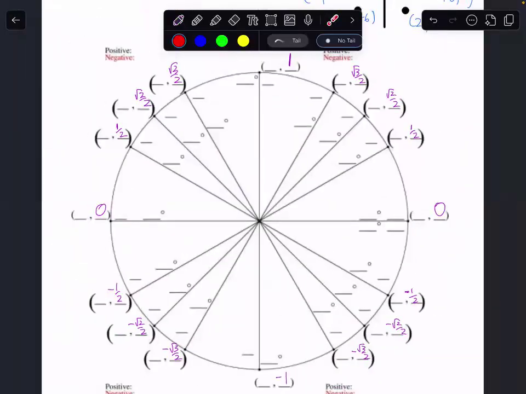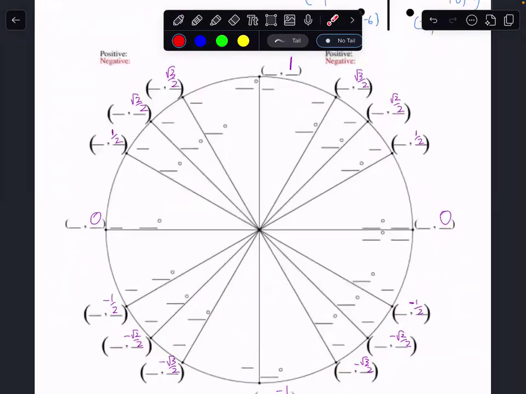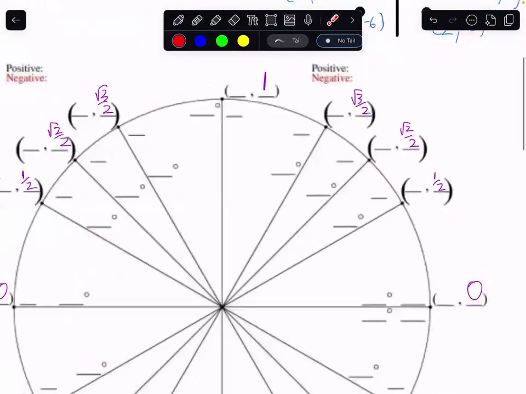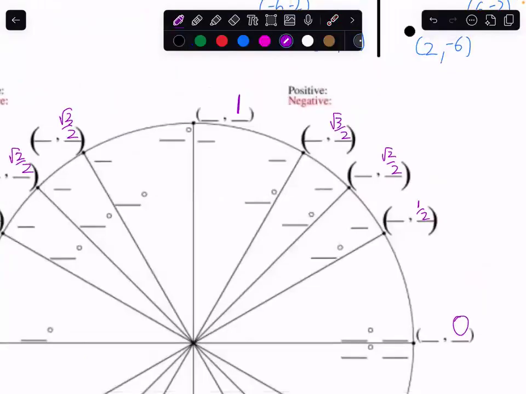Okay, so again, all these y coordinates I just filled in by following the pattern, right? Y gets bigger, y gets smaller, y gets more negative, y gets less negative. Okay, so the x coordinates we can do basically the same way. So I'll start over here, right?